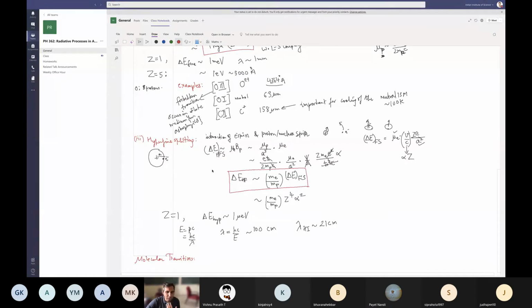right? And the trick for all this is to actually have a Hamiltonian, calculate eigenfunctions and eigenvalues and so on, right? So molecular transitions correspond to vibrations, vibrational and rotations.